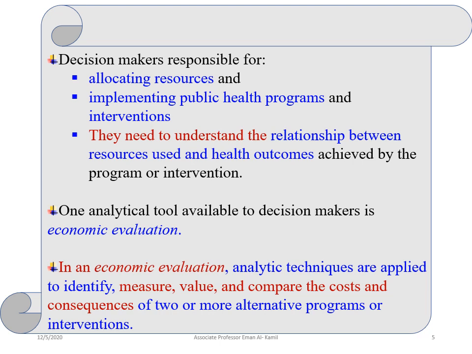So the first thing is we have resources. Then we have many programs, public health programs or any health program, and we are going to choose the program and implement it in the community. Then they need to understand the relationship between resources used and health outcomes.